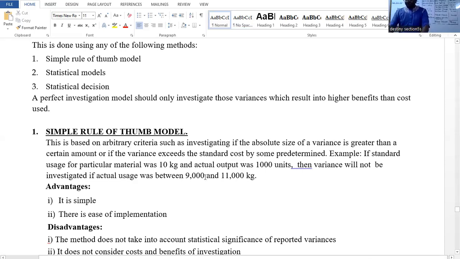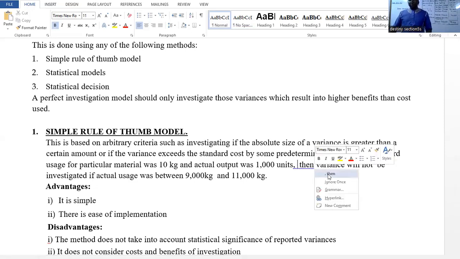That means we have given ourselves an interval of between 9,000 and 11,000.